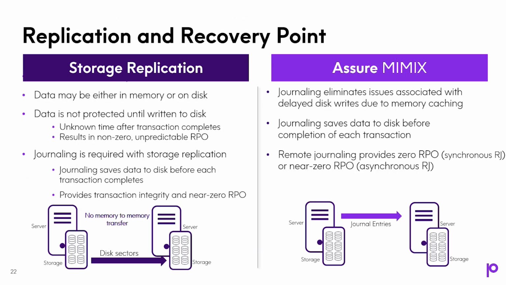Let's talk replication recovery point. This is important: the IBM i has extremely high transaction processing capability. It's a wonderful transaction processor, and it does that by having data in both memory and disk at the same time. So it's constantly being moved back and forth, flying around to support your application. So data is not protected with storage replication until it's written to disk.